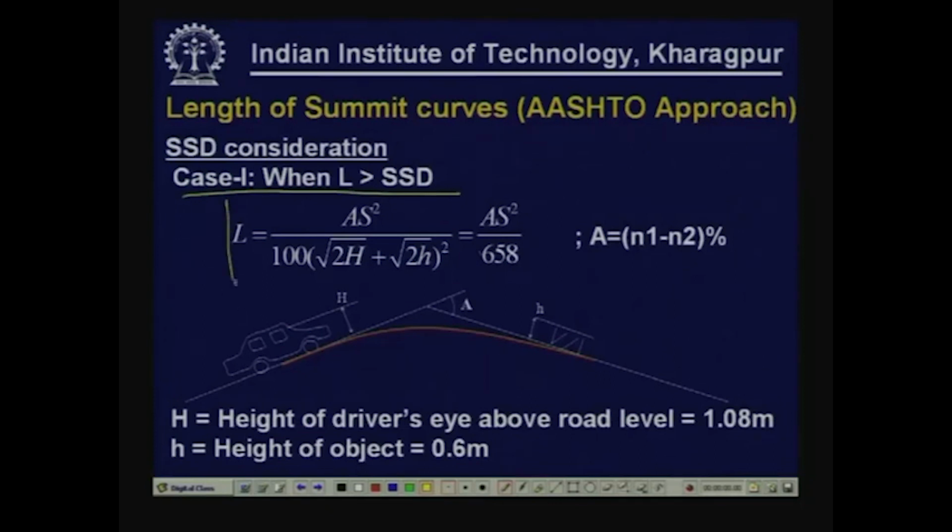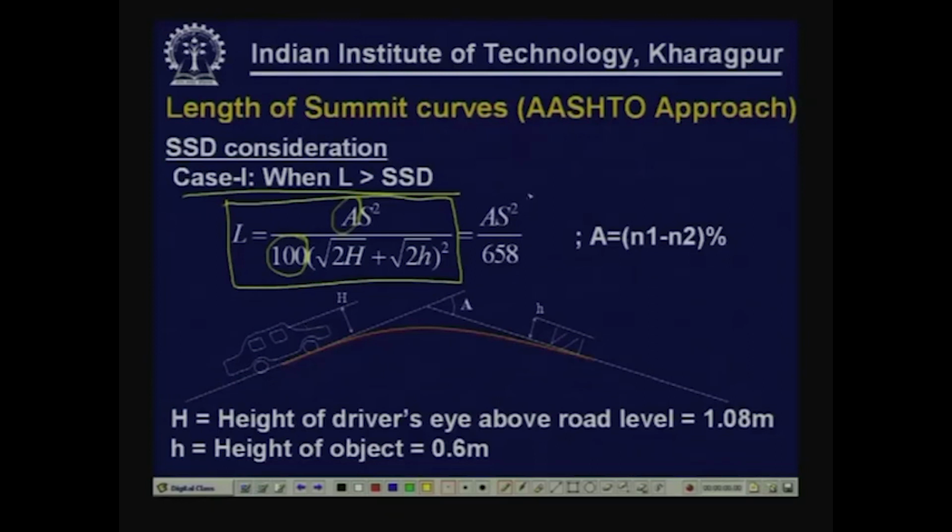This is the basic equation that may be used for calculation of the length of summit vertical curve. This is similar to what we indicated when we talked about the IRC approach. Basic equation is the same, only thing here A is expressed in percentage, the deviation angle. So it is A by 100; there it was n, where n is essentially A by 100.